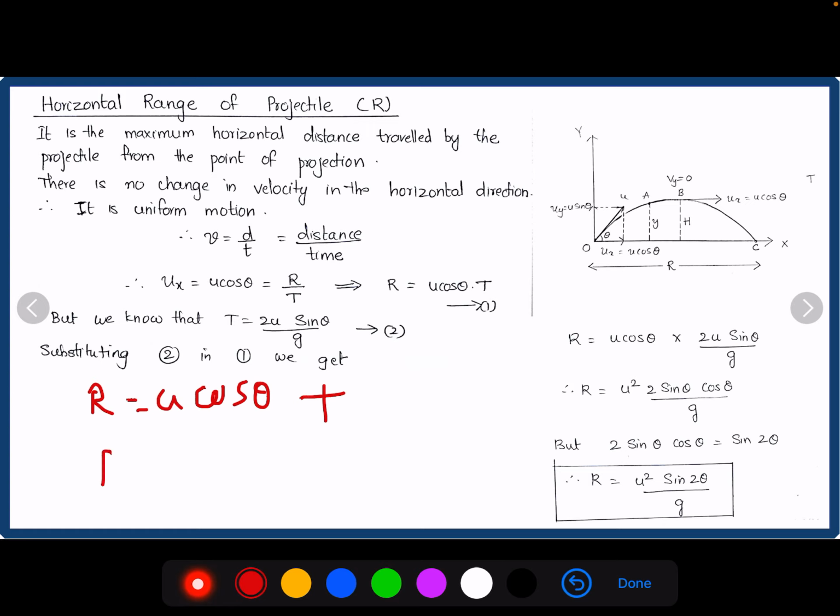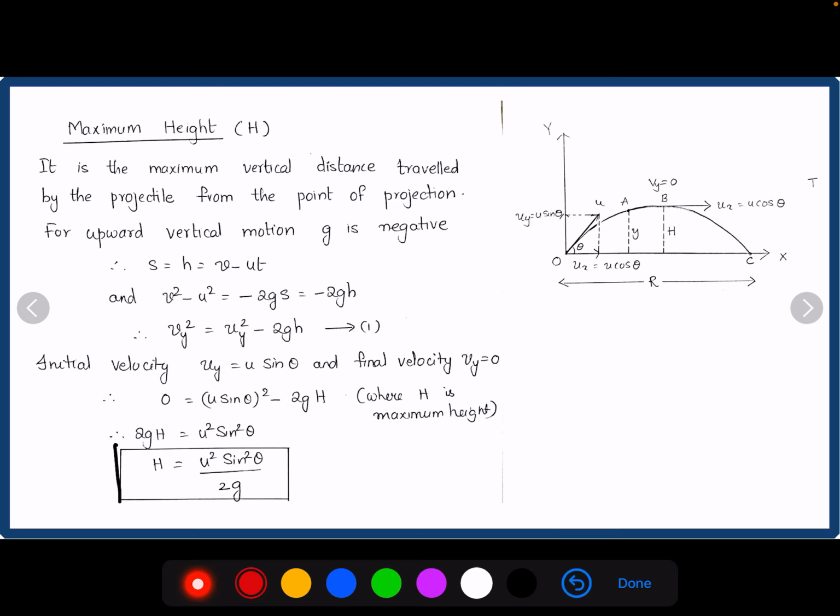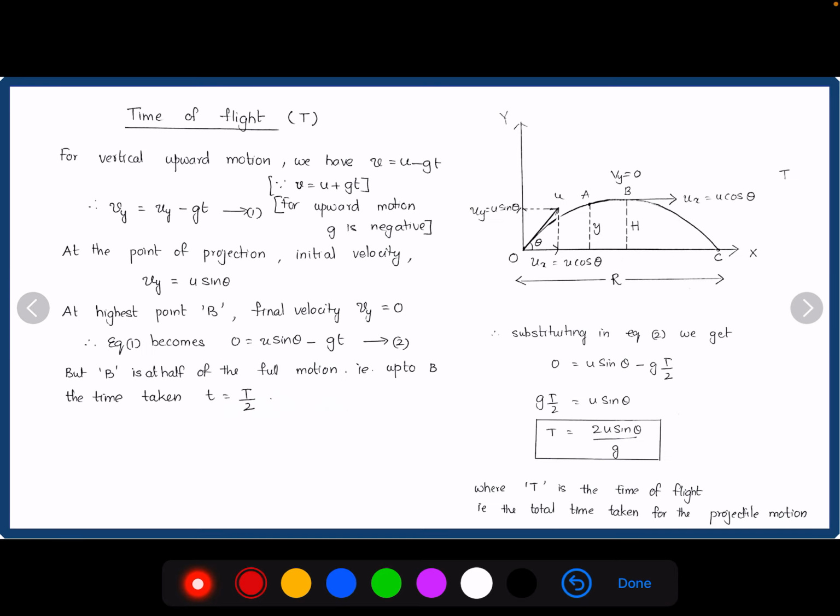Here T is equal to 2u sine theta by g, which we got earlier. This is what we got from the previous derivation: T is equal to 2u sine theta by g.